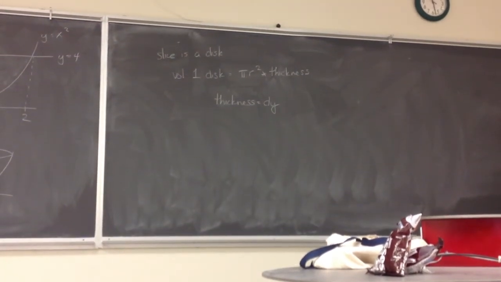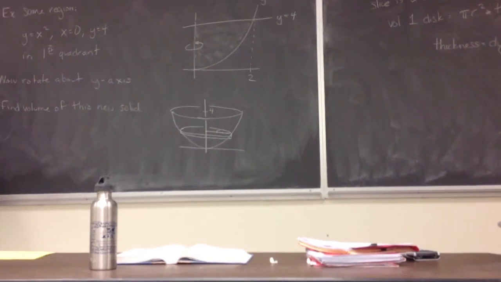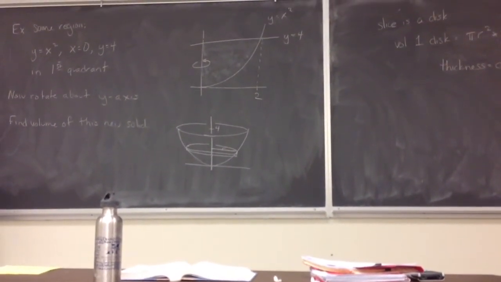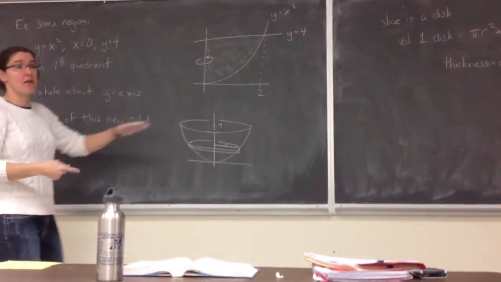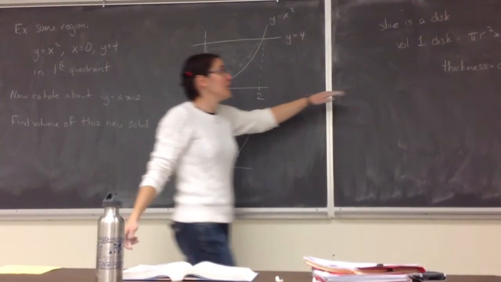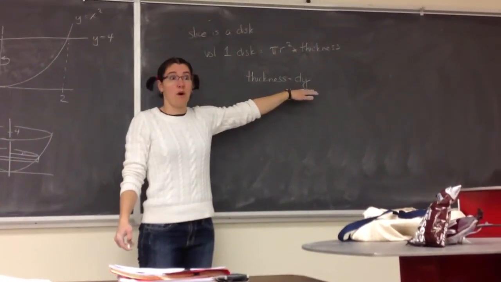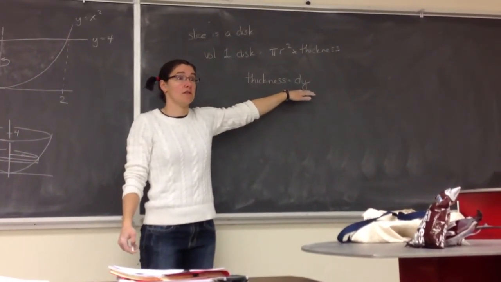Something you might have noticed in the areas between curves homework is that when you had horizontal rectangles instead of vertical rectangles, you had to change a lot of things about your functions. In particular, the part that goes in the integrand next to the dy must be in terms of y's rather than in terms of x's.